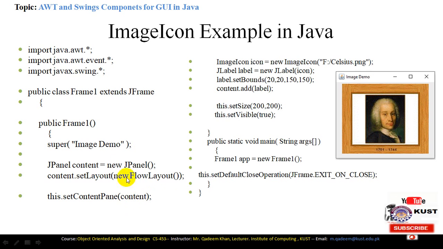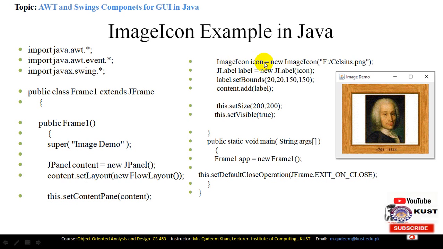That means the panel is added into the content pane of Java. And this is the current class object. This means the panel is added into the current class object of the GUI, which is frame1, and it is extended from the JFrame.